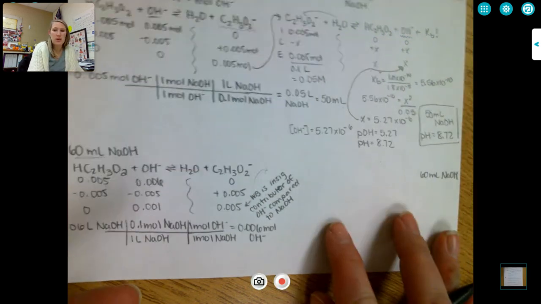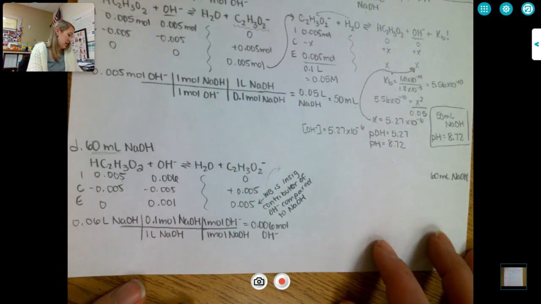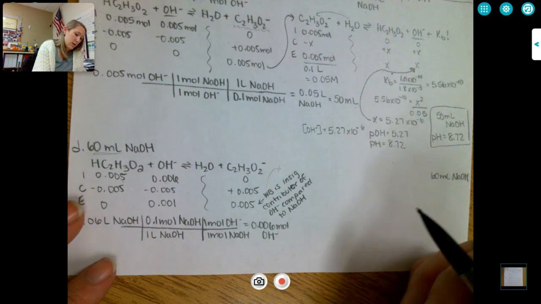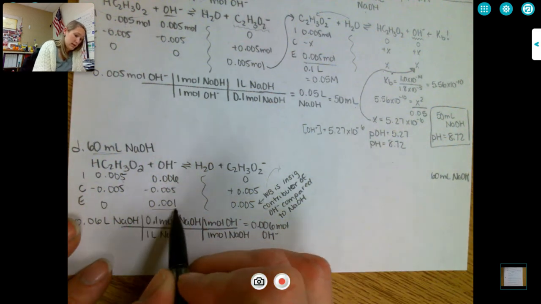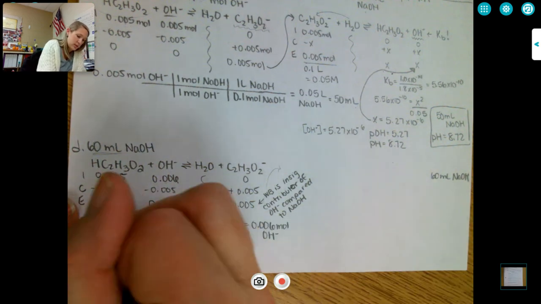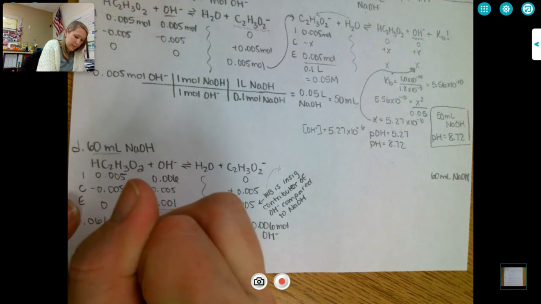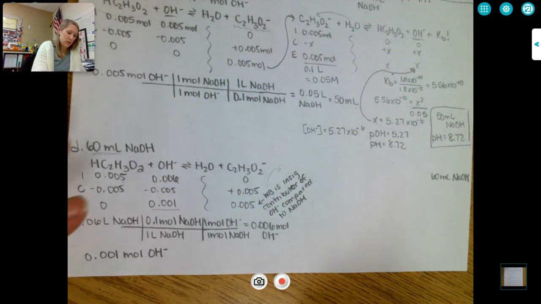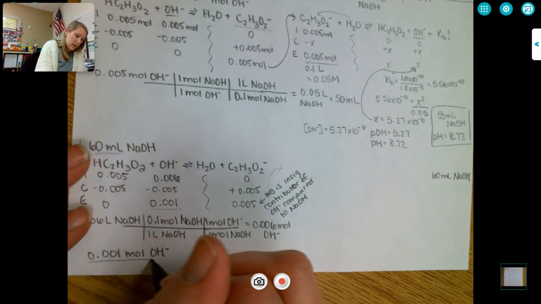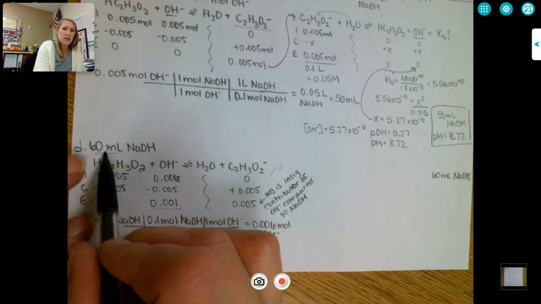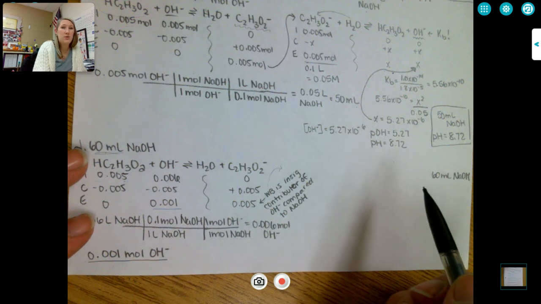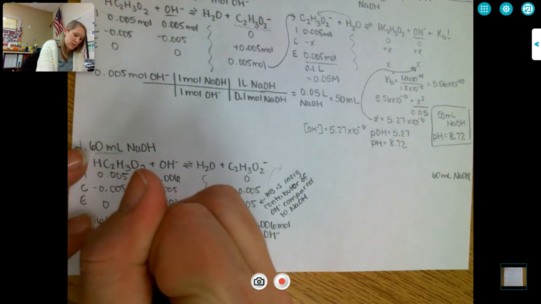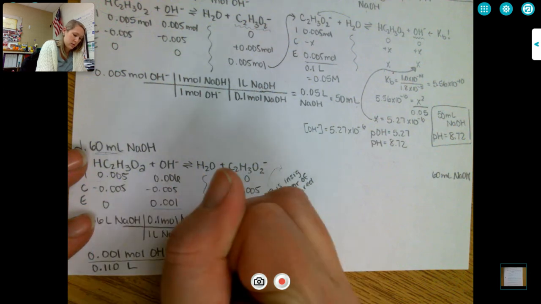Which is convenient in terms of steps that we have to do. So that means that we know that we have 0.001 moles of hydroxide ions floating around in solution. We want that in a concentration. And we've got 60 mils of sodium hydroxide plus the 50 mils of acid we started with. So that's 110 mils or 0.11 liters.